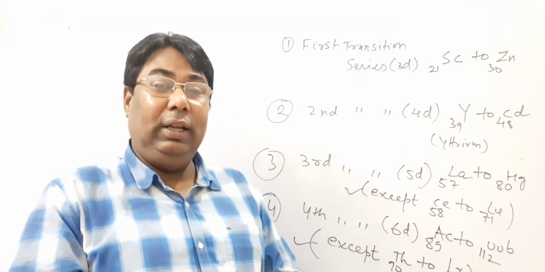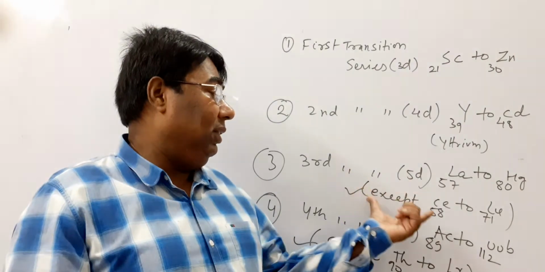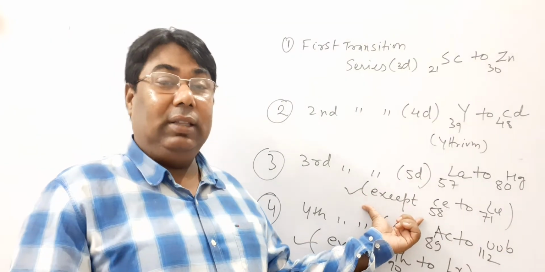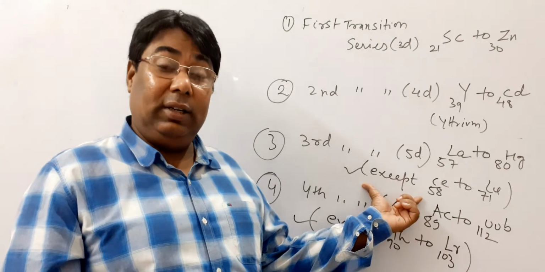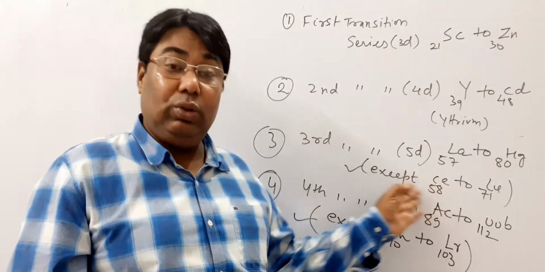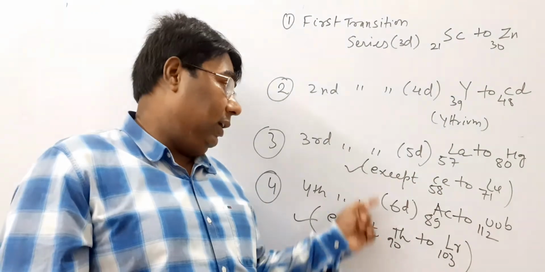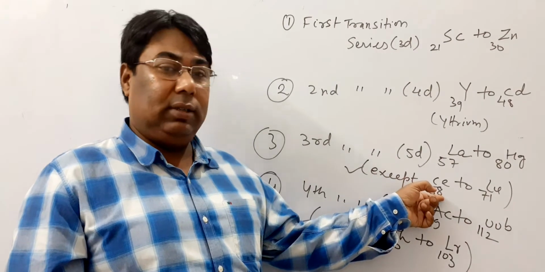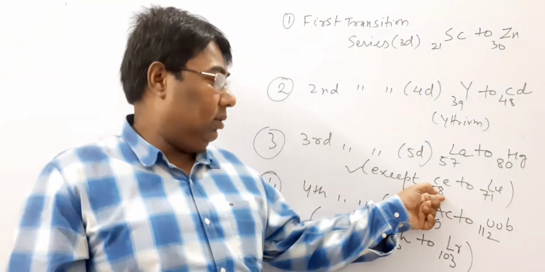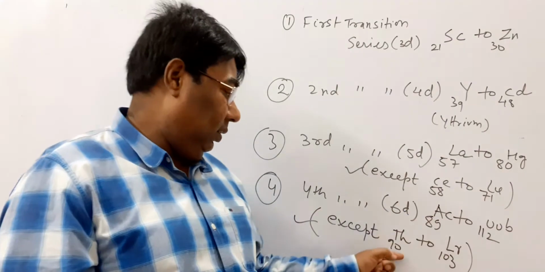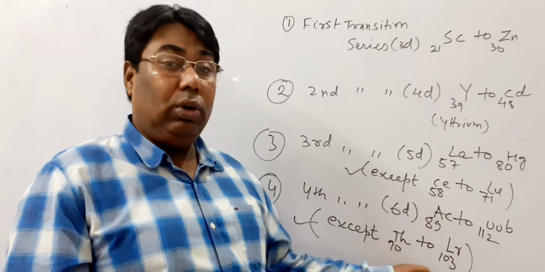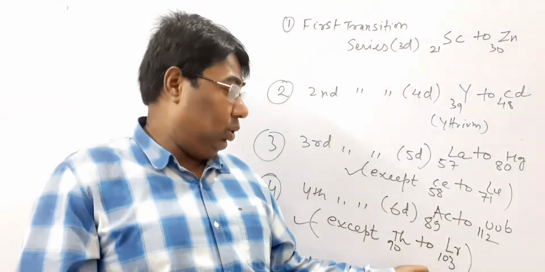They are actually found in between the transition elements, but their block is different, so they are considered as inner transition elements, but in actuality they are the f block elements. So f block elements consist of cerium to lutetium, and thorium to lawrencium.